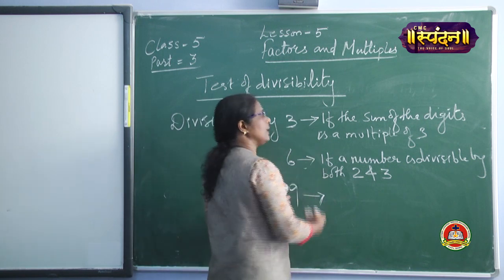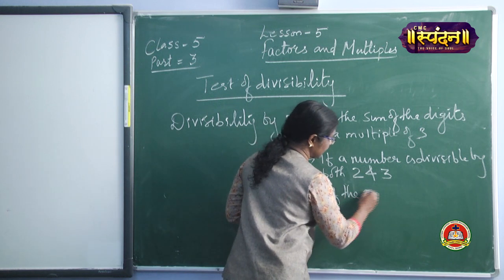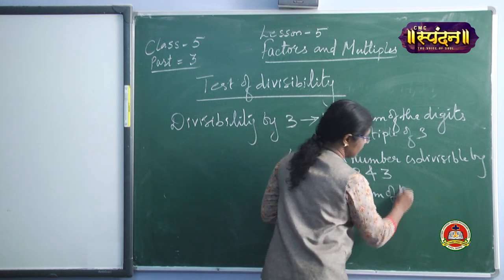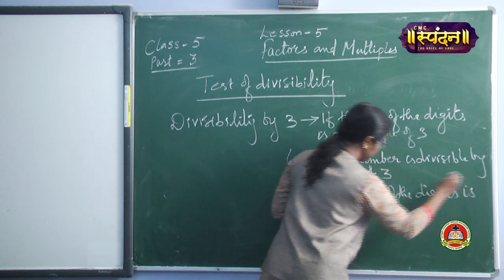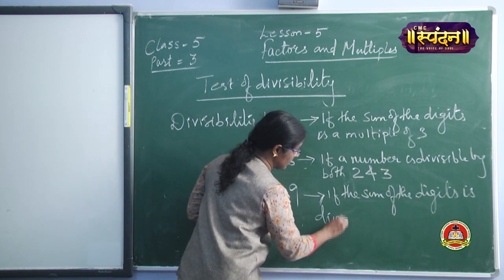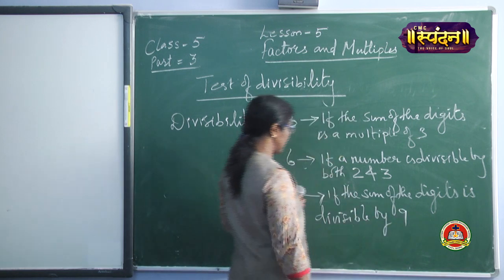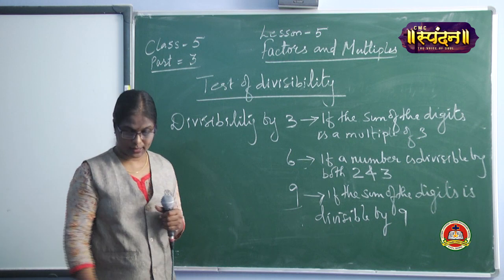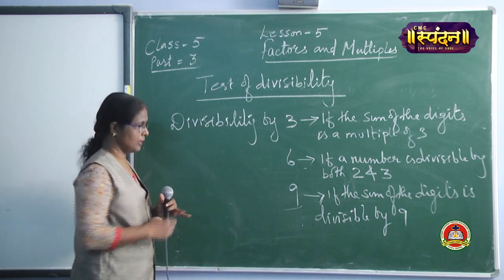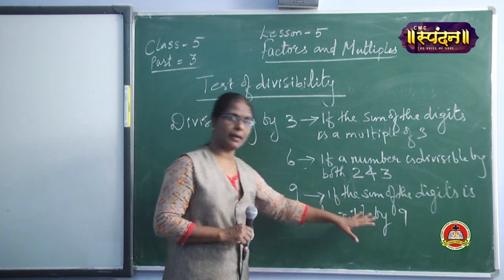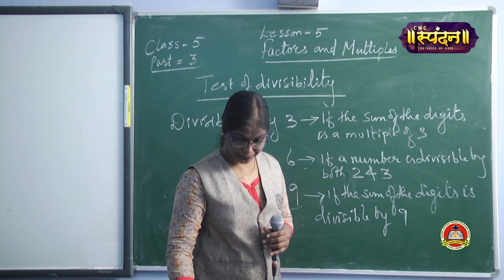It is same like 3, that if the sum of the digits is divisible by 9, then the number is divisible by 9. Or you can say that if the sum of the digits is a multiple of 9, then that whole number is divisible by 9. We will see this through an example.